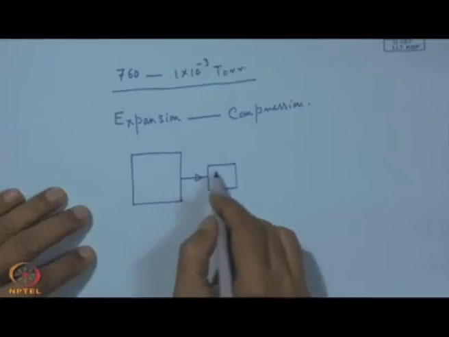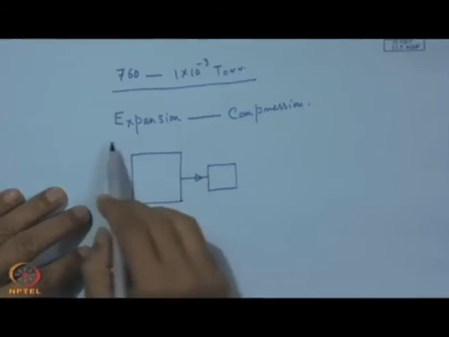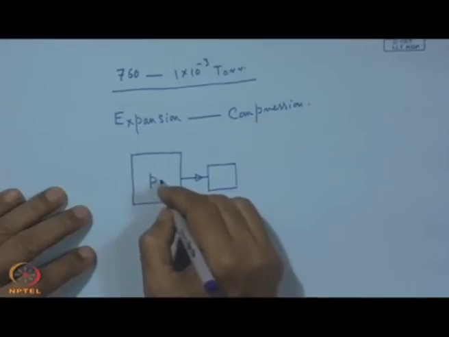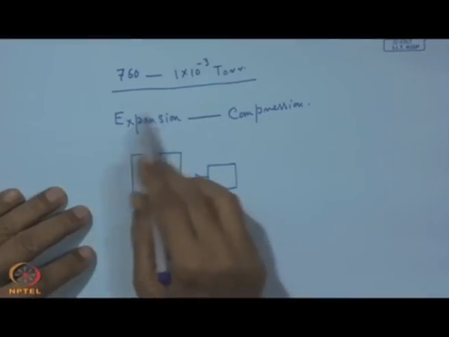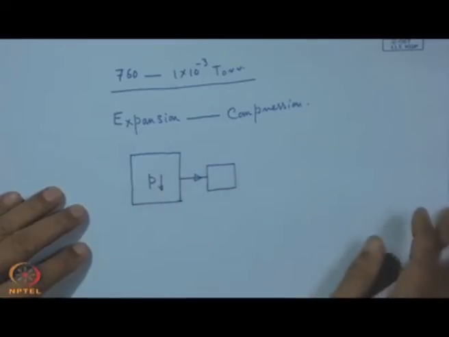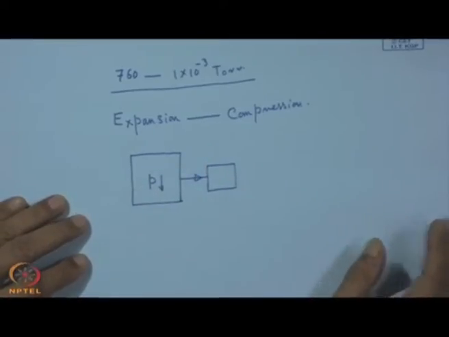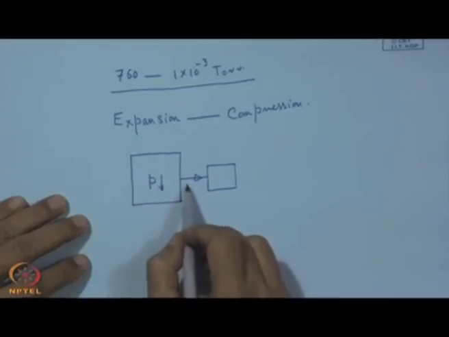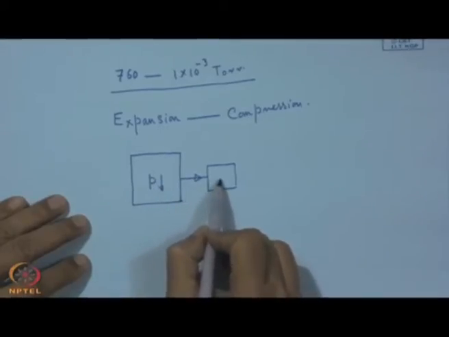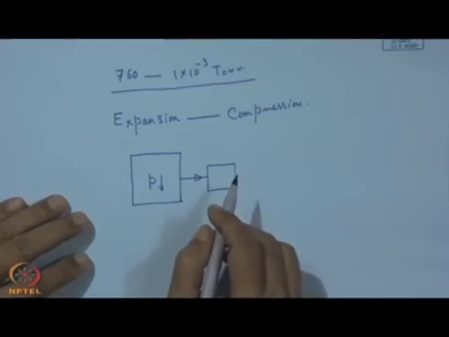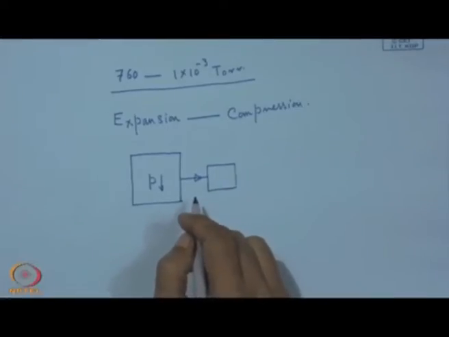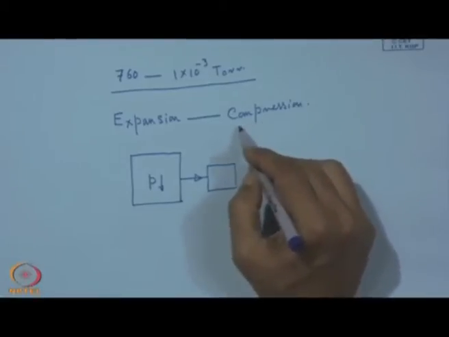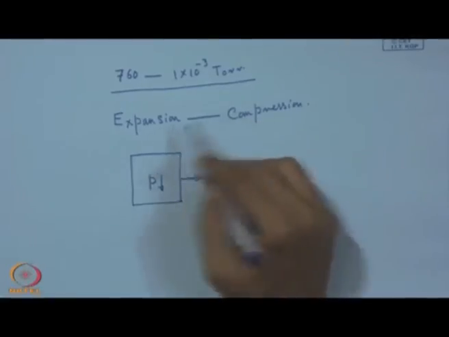And then this pump will handle it just by expansion of this gas, so that the pressure inside will fall because of the expansion. That means we have to create a volume which is more than this volume, and thereby we can have an expansion, and this compression will follow this expansion.